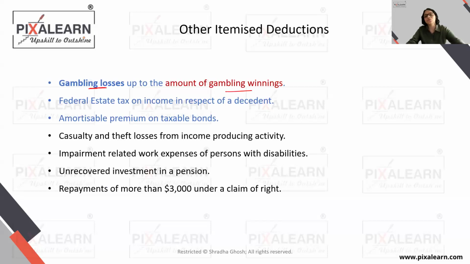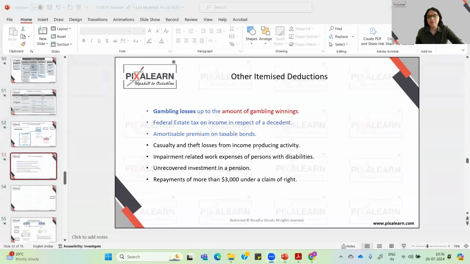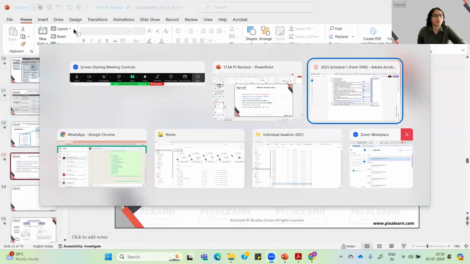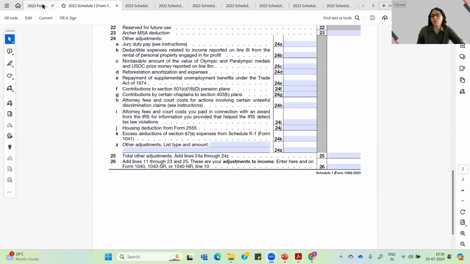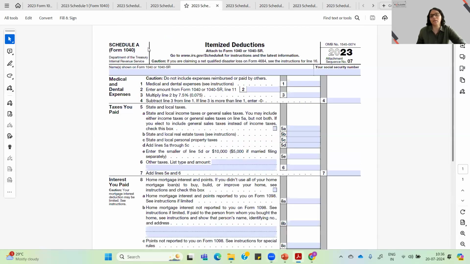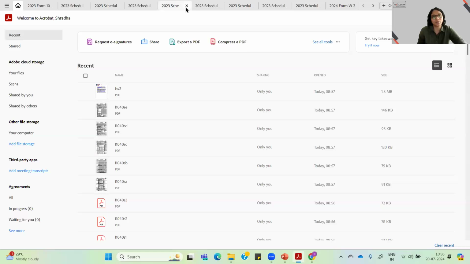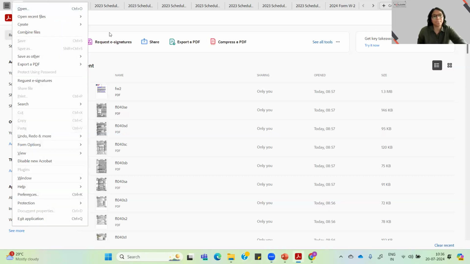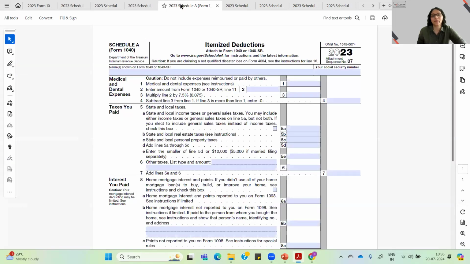Okay. So if you look at it, this was my standard deduction, which is Schedule A. So I did Form 1040, Schedule 1, 2, 3, and then we have Schedule A. So this was Schedule A that we've just done.